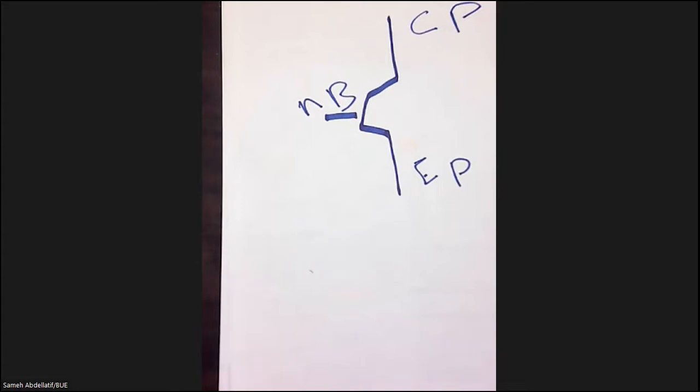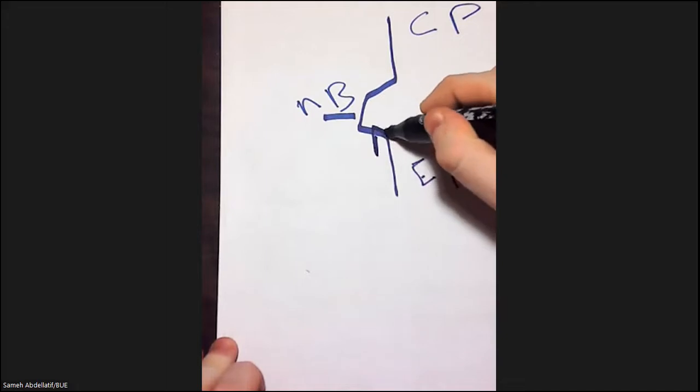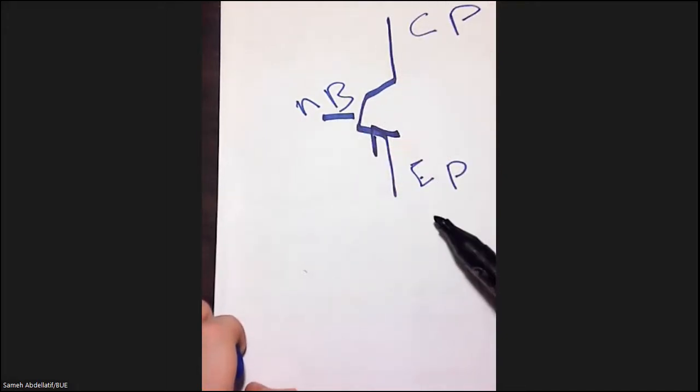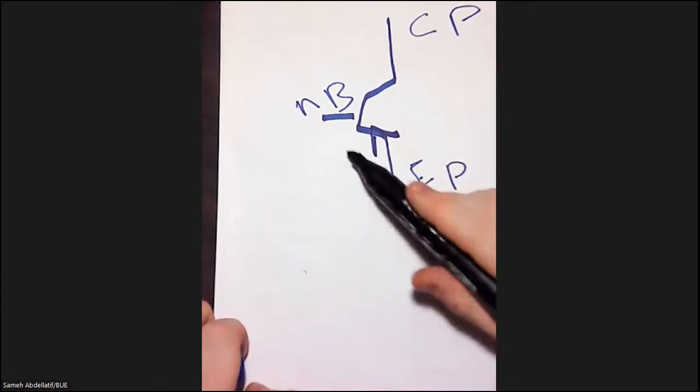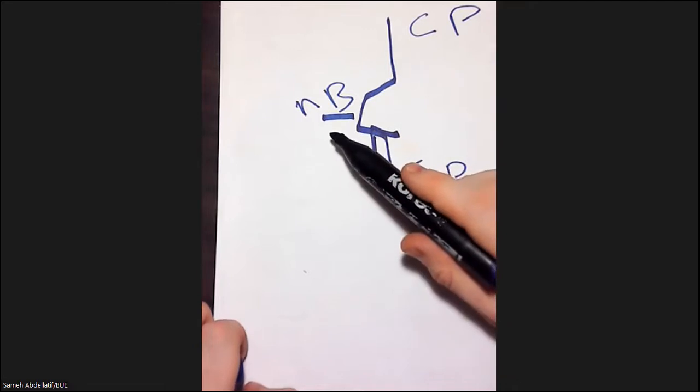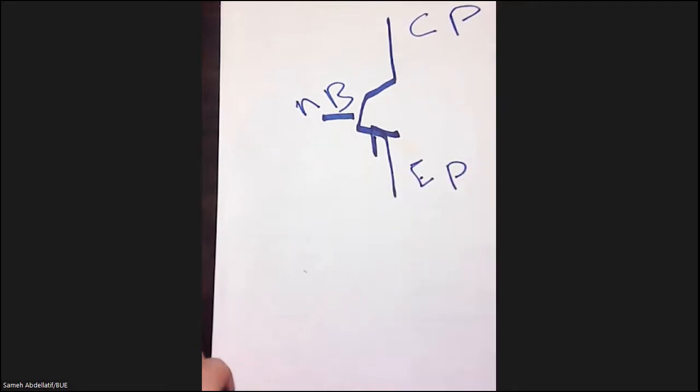As you know, the direction of the current is the same as the direction of holes, so you will have your arrow in this direction. So current is flowing from the emitter to the collector through the base. This is a P region, this is a P region, and this is an N region. So this is the first model for a PNP BJT, or bipolar junction transistor.